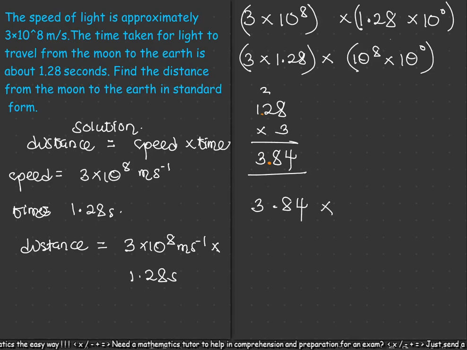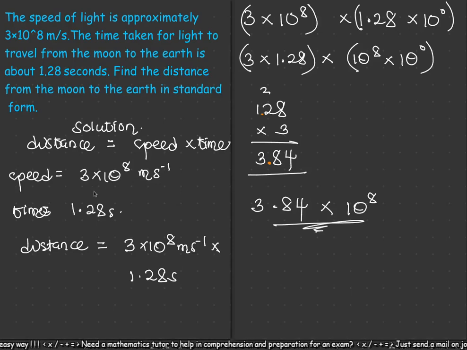Then times 10 raised to the power 8 times 10 raised to the power 0. Because we are adding 0 to 8, that still remains 8. So we have 10 raised to the power 8 as our final answer.